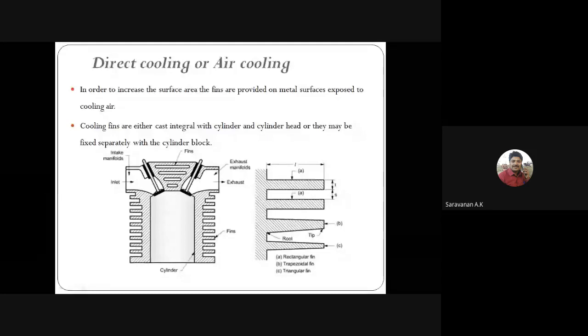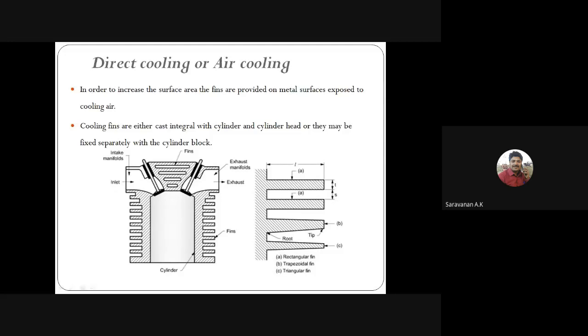The heat transfer capacity of the fin depends on the temperature difference between the engine cylinder and the surroundings, the cross-sectional area of the fin, and its length. The heat is gradually dissipated from the root of the fin up to the tip of the fin.